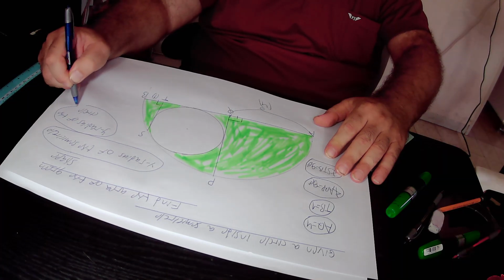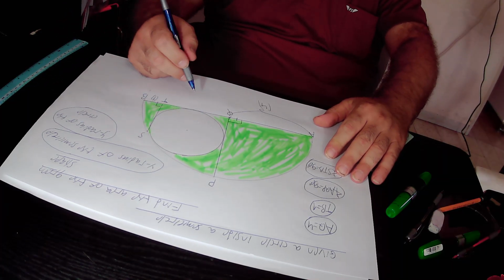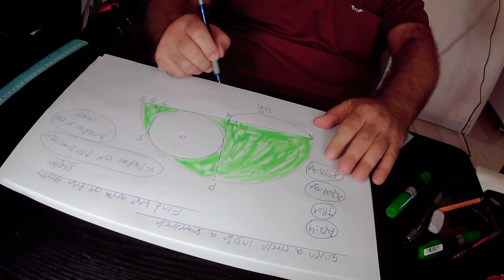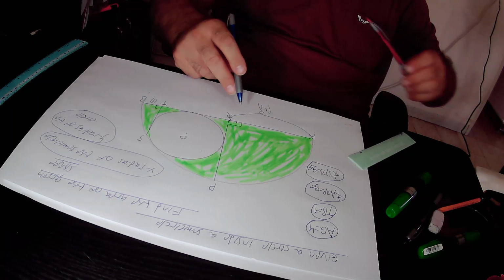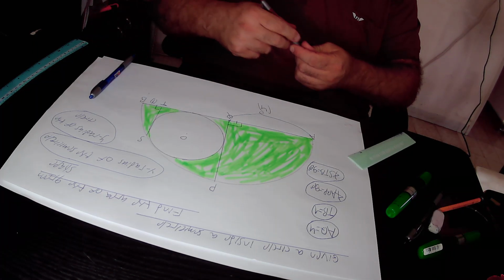In addition, we will define the center of this small circle. This point is point O, and we will define the center of this big semicircle. This point is point C.